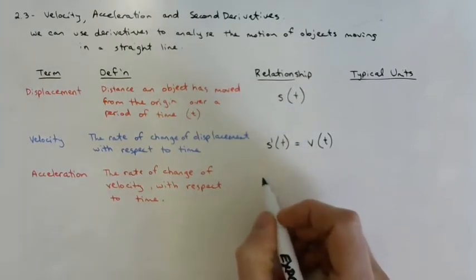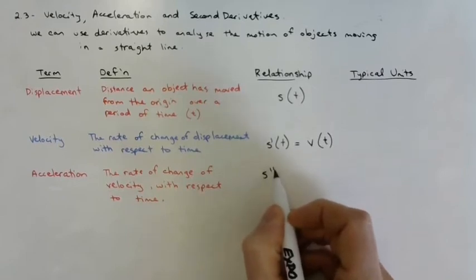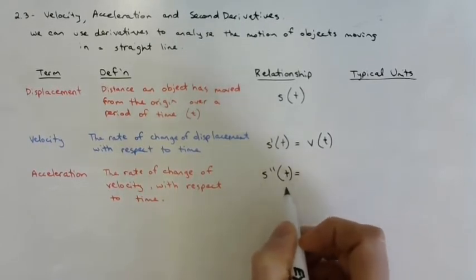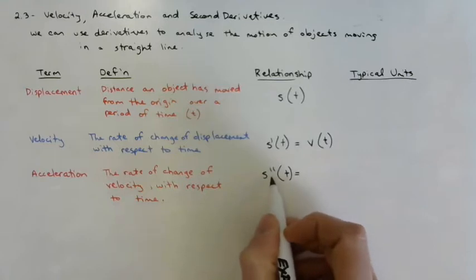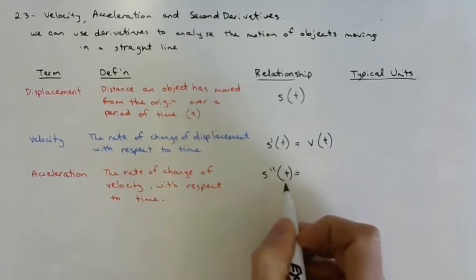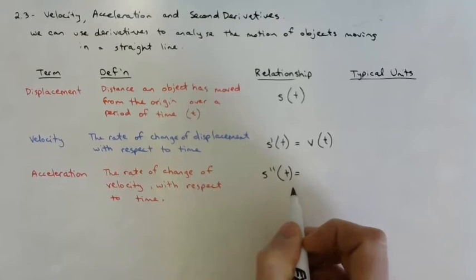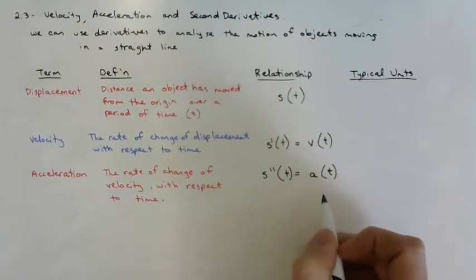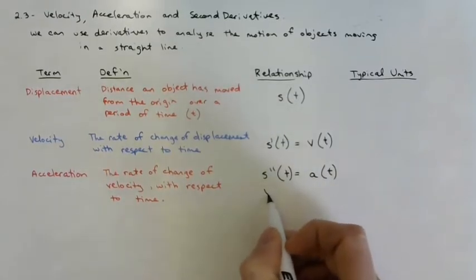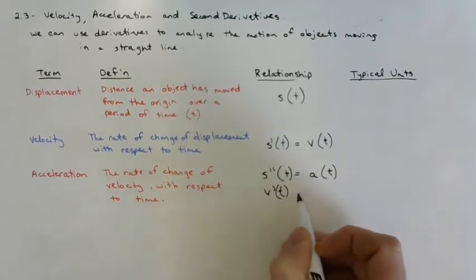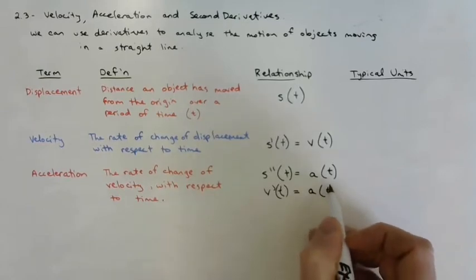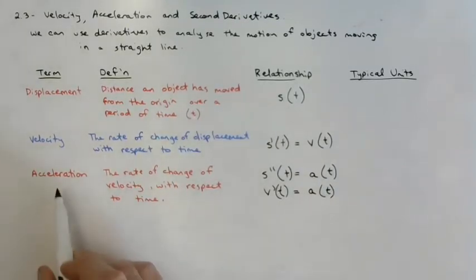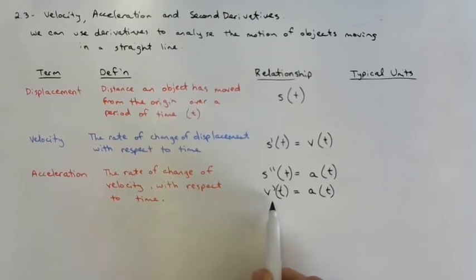Acceleration is the second derivative of the displacement function, s double prime of t, and that is acceleration with respect to time. It is also the first derivative of v of t. So acceleration is the first derivative of the velocity function and the second derivative of the displacement function.